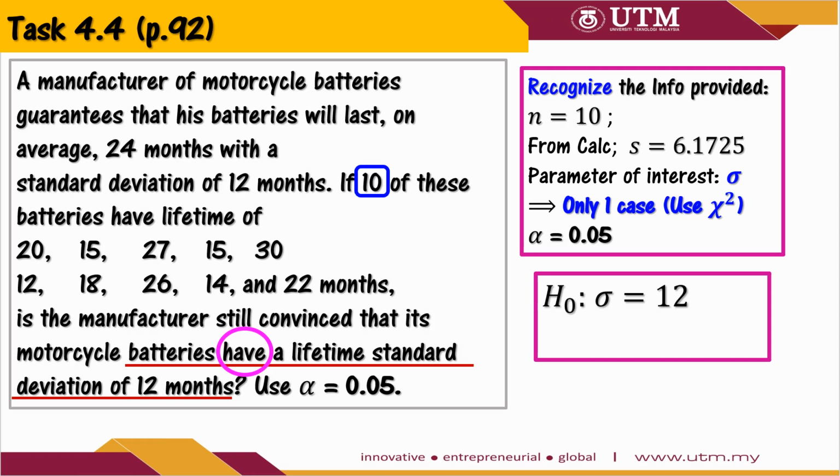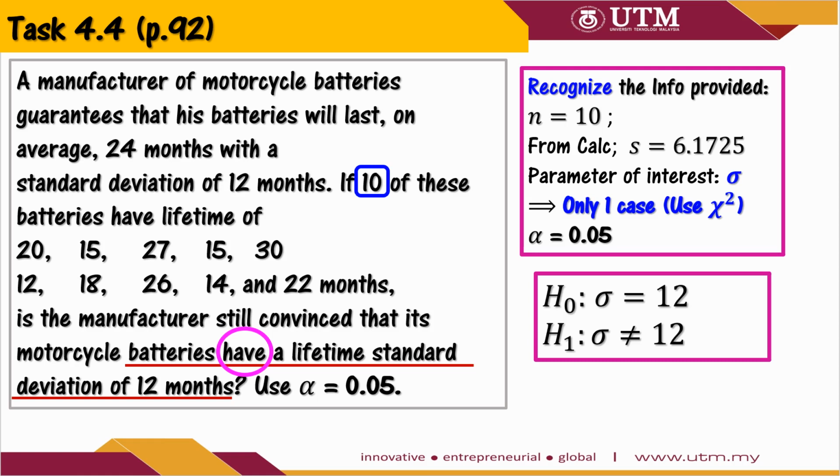On the other hand, under the alternative hypothesis H1, the manufacturer should not be convinced that its battery's lifetime standard deviation sigma is 12, or in short, under H1, sigma is different from 12. Therefore, we have a two-sided test for this task question.